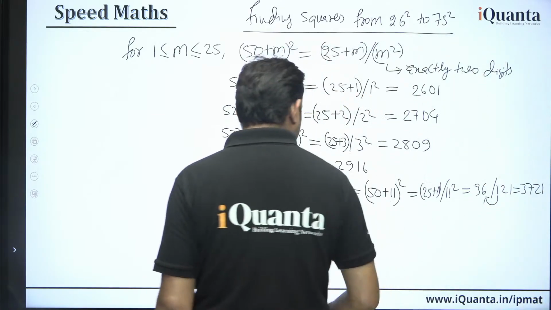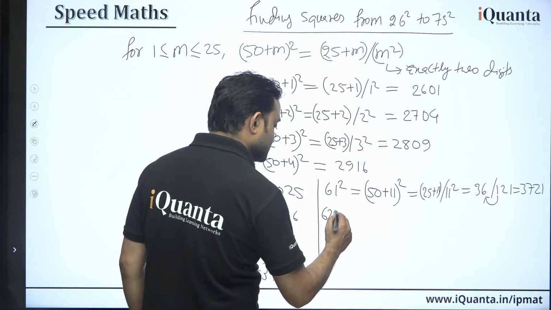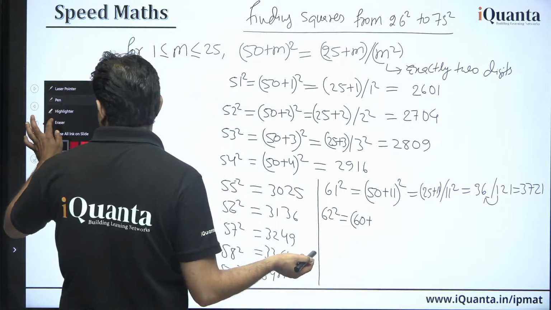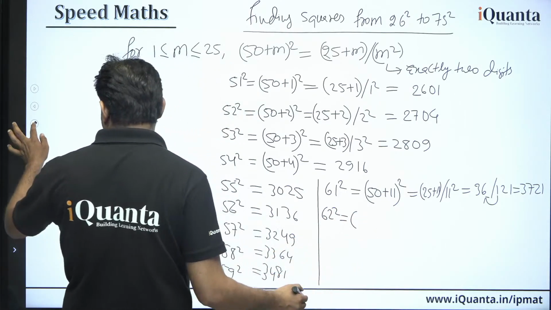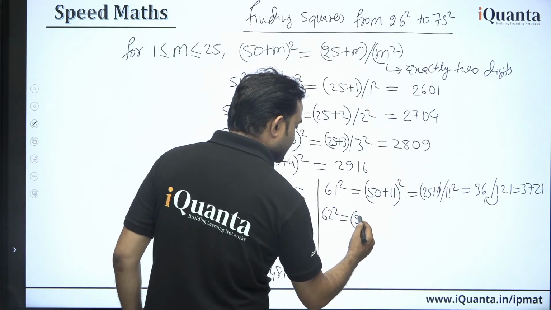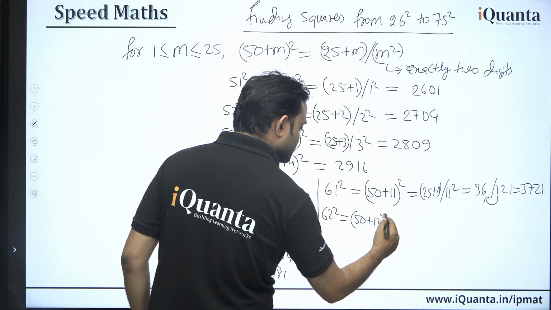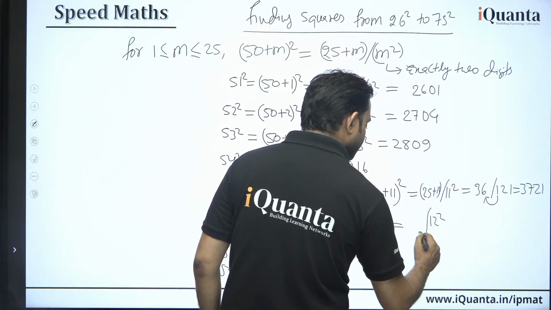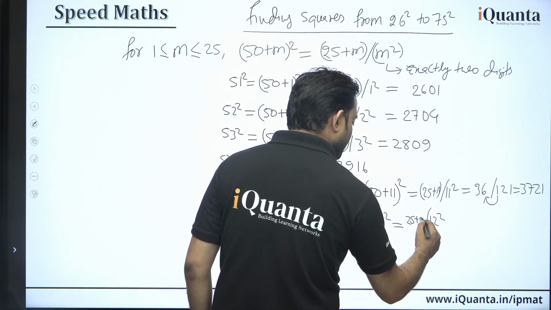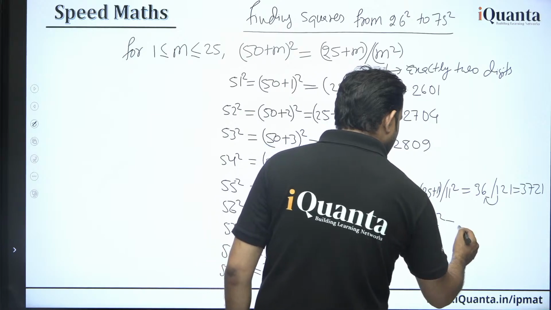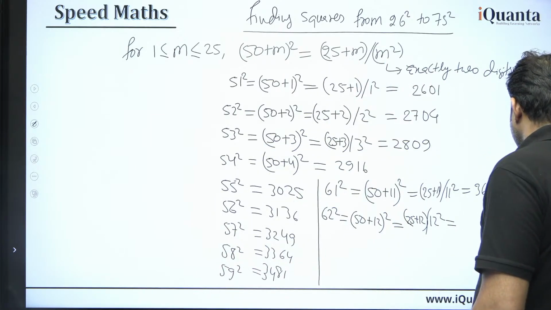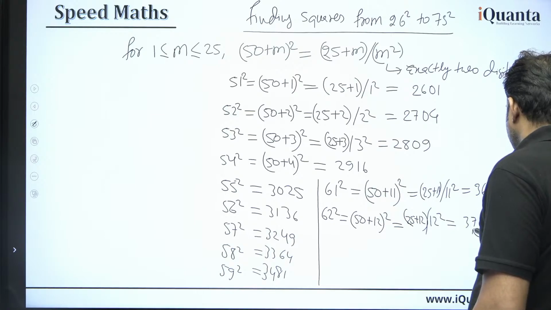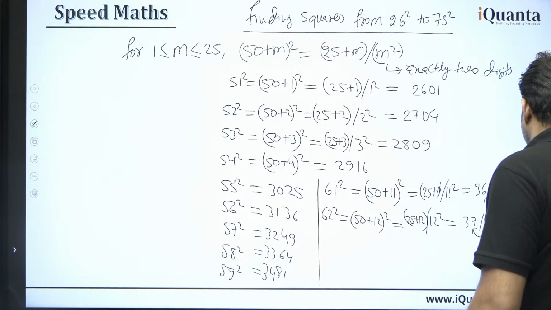Okay. If we need to find 62 square, this will be 50 plus 12 whole square, which will be 12 square and 25 plus 12. 12 square is 144. 25 plus 12 is 37. This one will go here. This will become 3844.